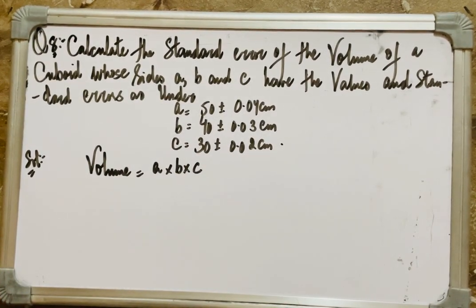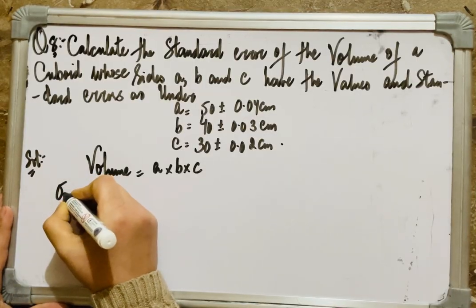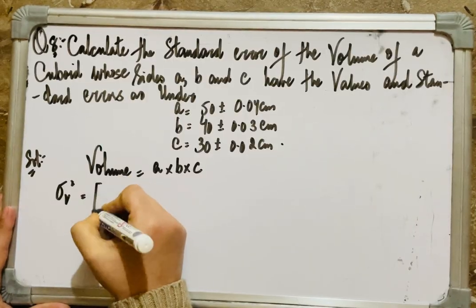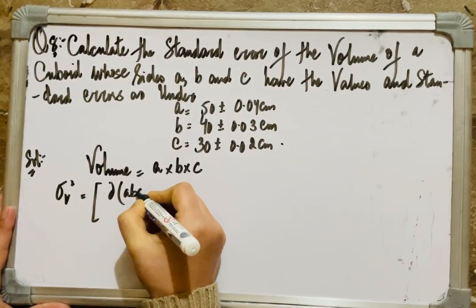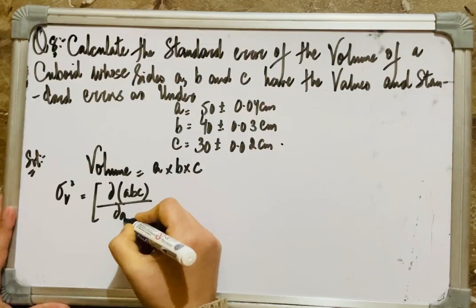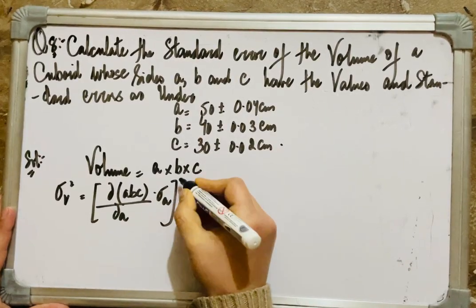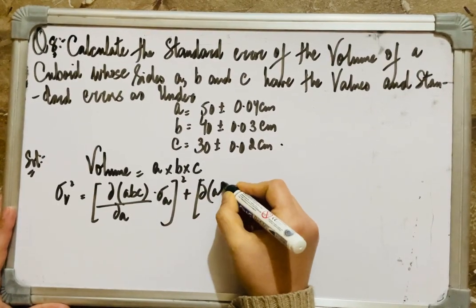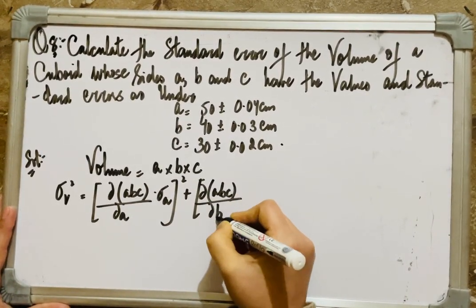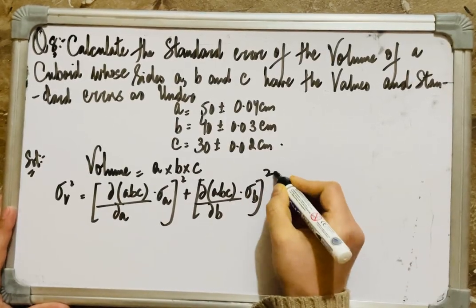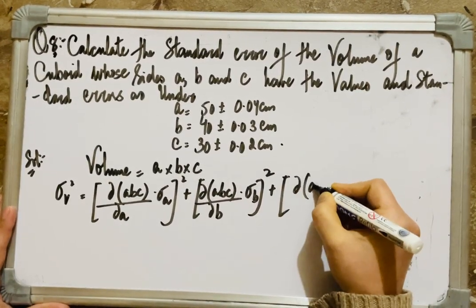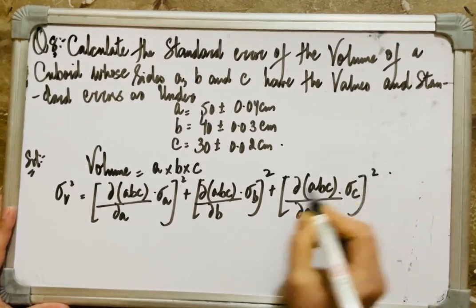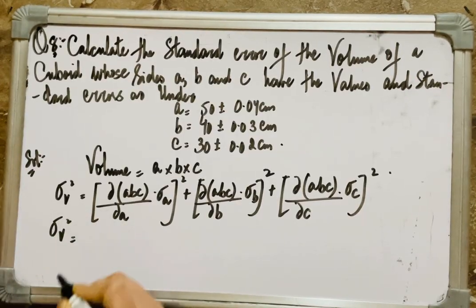C. All right, I'll use a general expression for the propagation of standard errors. Sigma V square is the partial derivative of ABC with respect to A, times standard error in A, square of it, plus the derivative of ABC with respect to B, times standard error in B, square of it, plus the derivative of ABC with respect to C, times standard error in C, square of it. By calculation, sigma V square is equal to how much?